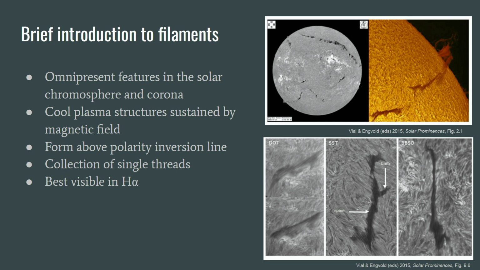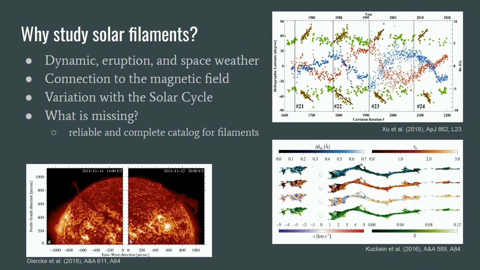And when you see them in high resolution, as here from the SST or the Big Bear Solar Observatory, you see that filaments are actually collections of single threads. They are best visible in H-alpha, but you can also see them in EUV images and helium 10830 or calcium 8542 angstrom, and you can do a lot of interesting research with them.